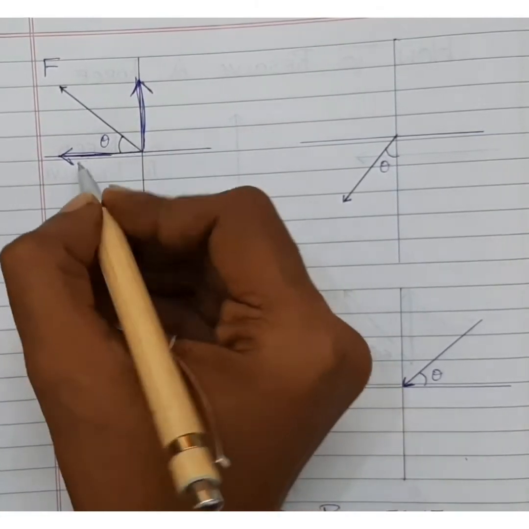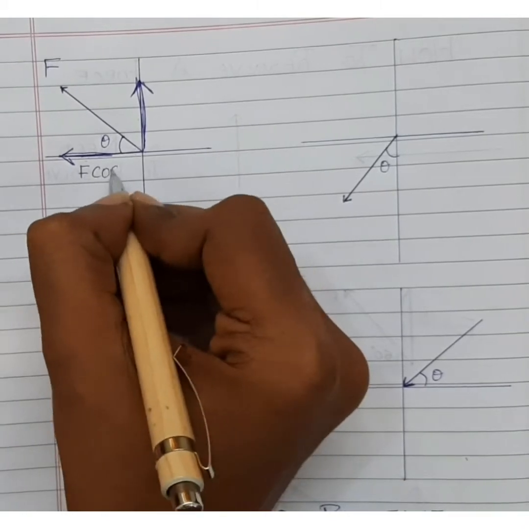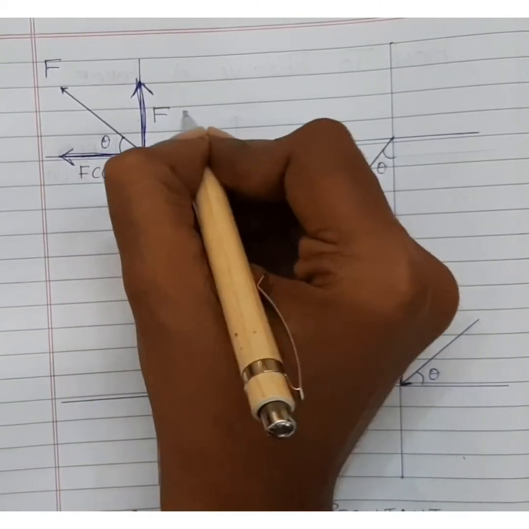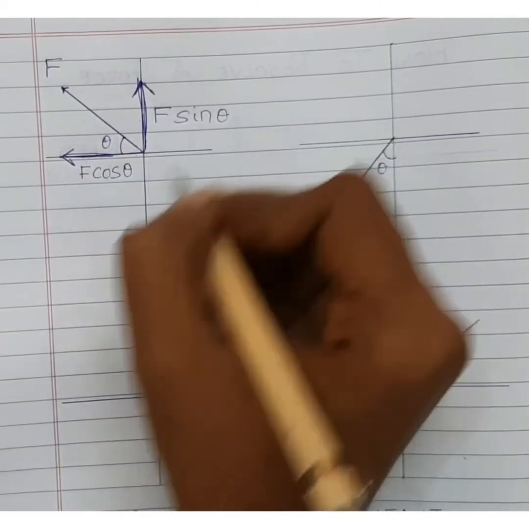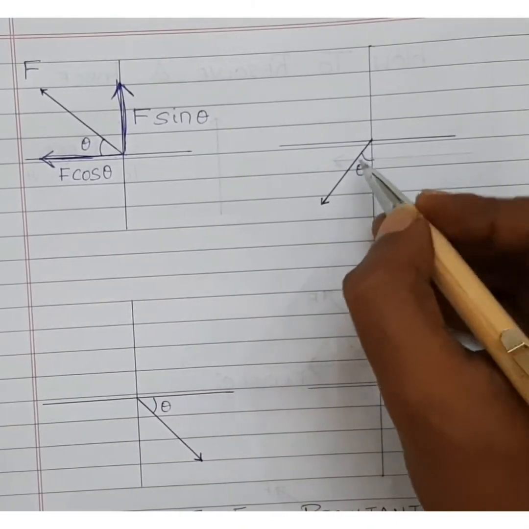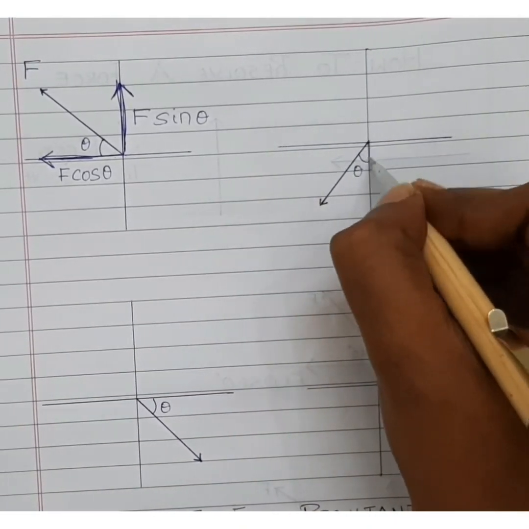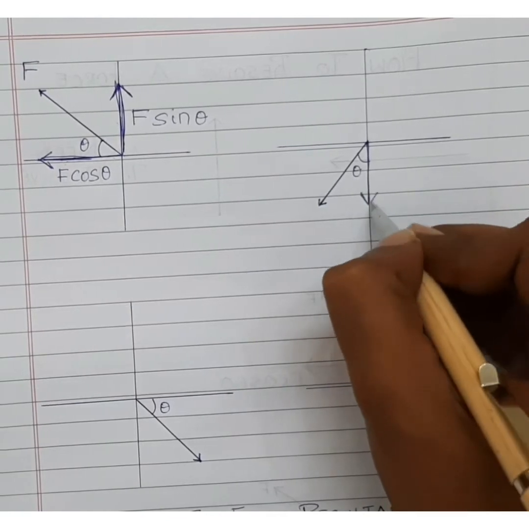And here you have theta, so this component will be F cos theta and this component will be F sin theta. In this case, here also it's moving away, so the components will be like this.